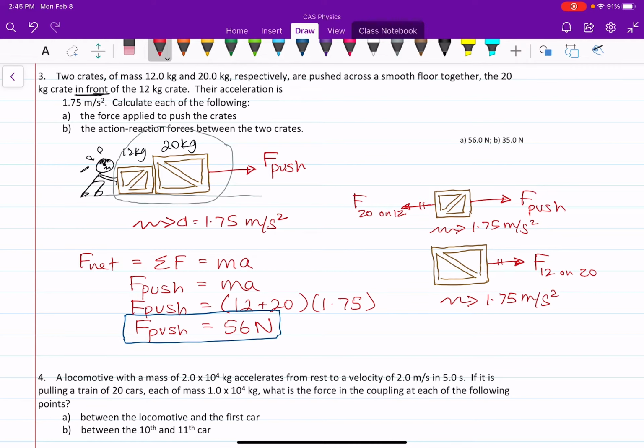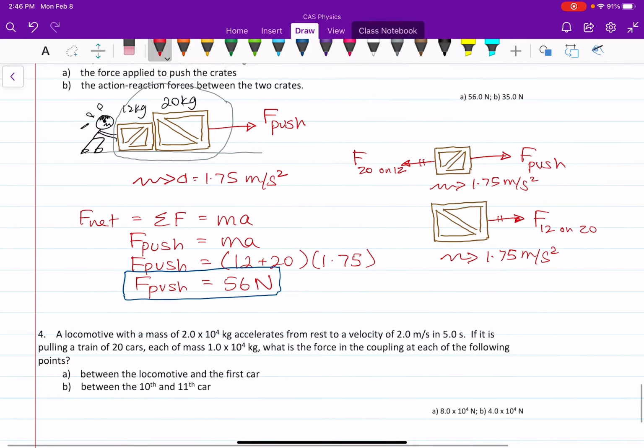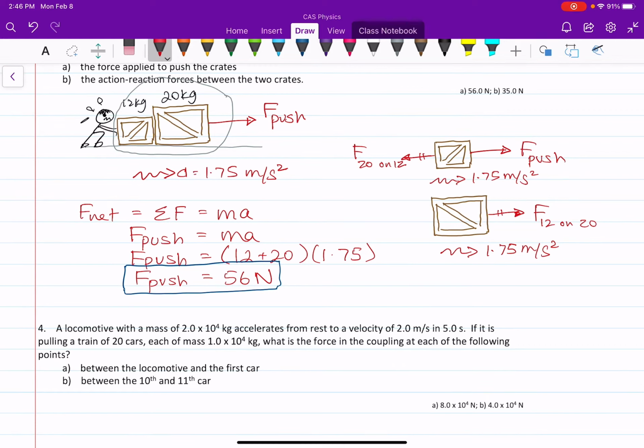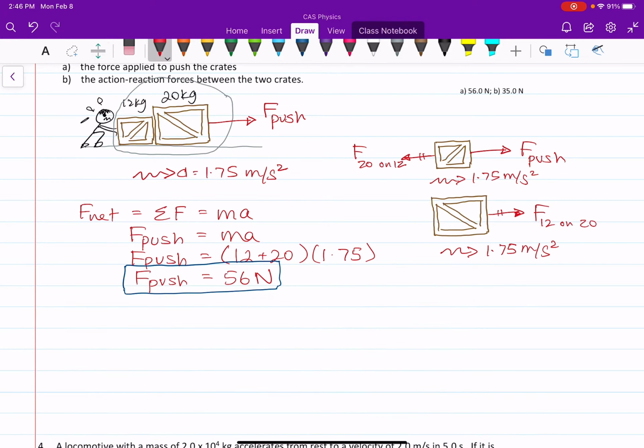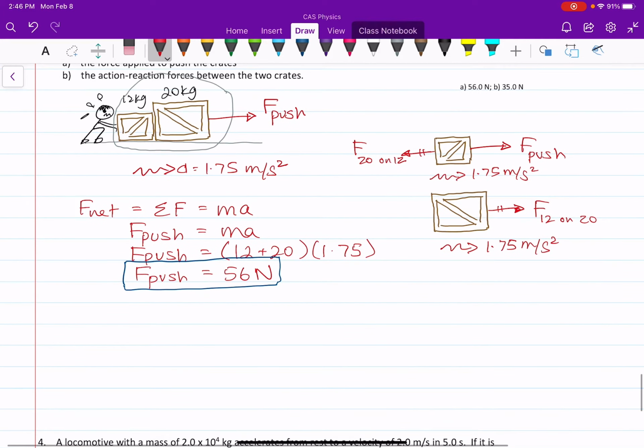All right, so then I can use either diagram to figure out the answer. We want to know what that force, the 20 on 12 or the 12 on 20, is. I can use either free body diagram. Just remember that when you draw a free body diagram, you have to refer to it when you do your F-net statements.